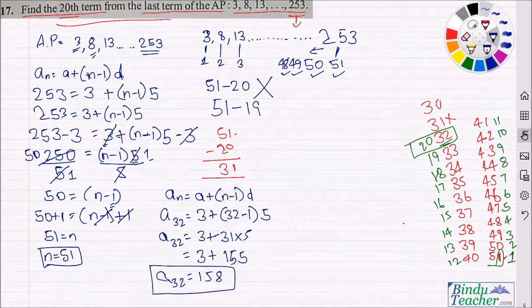Okay, so the value of the 20th term from the last term is 158.